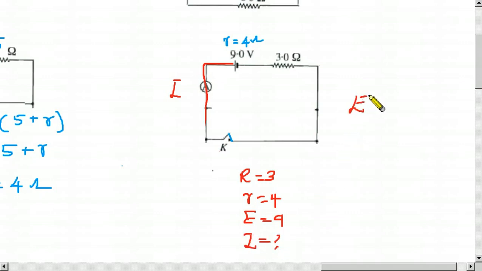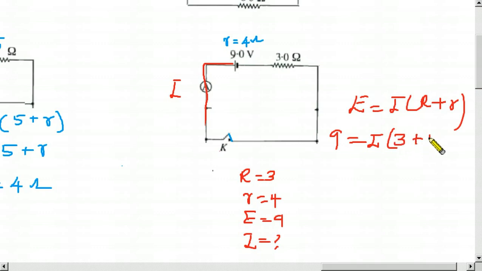So E equals I times R plus r. E is 9, I we don't know, capital R is 3, simple r is 4. 4, 5, 6, 7. I is 9 divided by 7. 7 times 1 is 7, 8, 9, 20, then 2, 7 times 2 is 14.